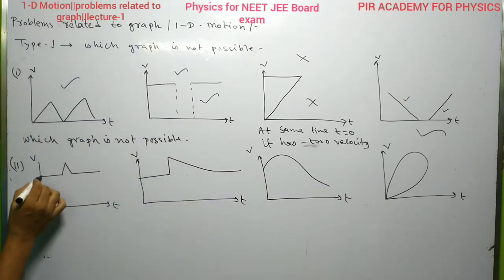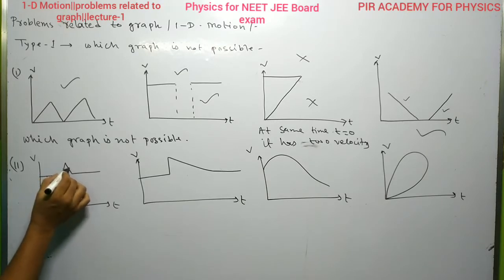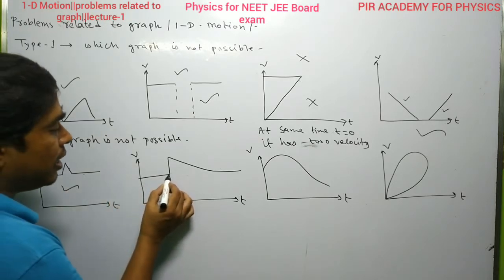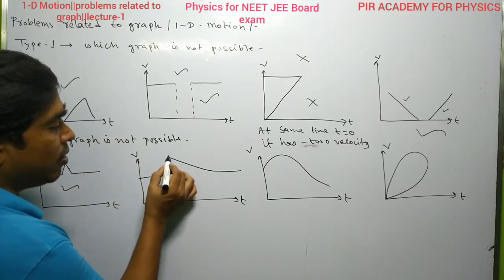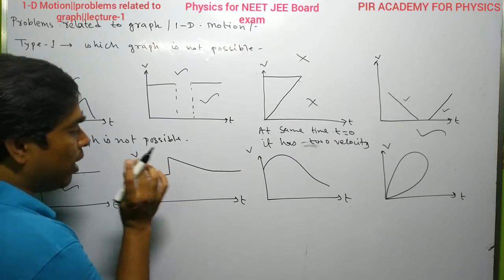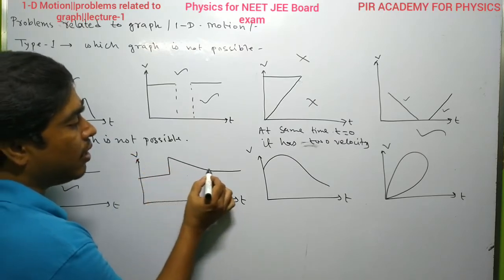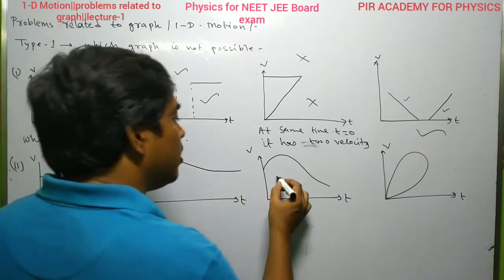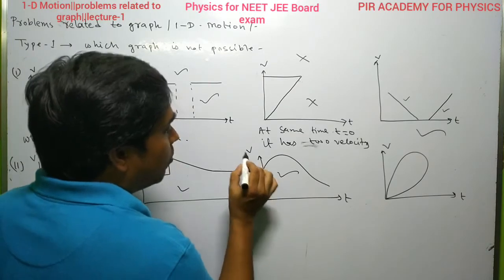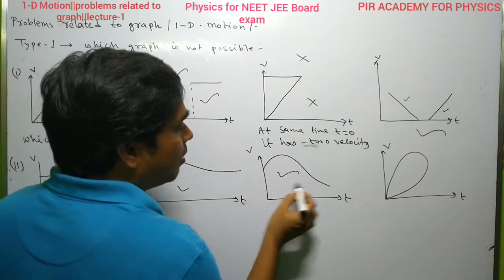Here this is a constant velocity, here is acceleration, there is deceleration, here is constant velocity, so it is possible. Here is constant velocity, then it increases, that means it has a very steep, large acceleration, then deceleration, then it is constant. This is possible because the velocity increases with time, then decreases.